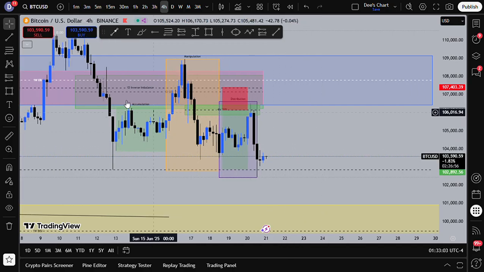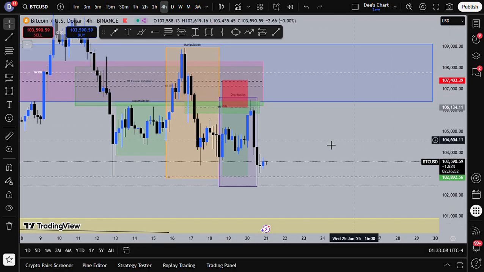As you can see, we've got accumulation right here, and yet again we have it again right here. So we have accumulation back to back, but what this is actually called is redistribution. So we have consolidated, which is essentially price accumulating, and when price accumulates, it generates and engineers liquidity on both sides of the market, which is sell side and buy side.